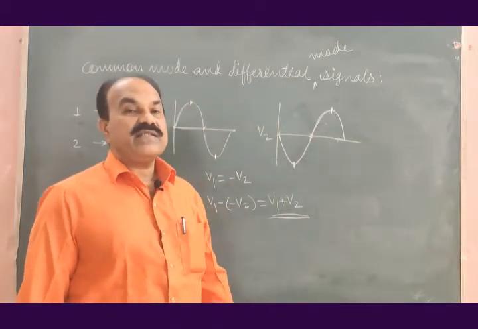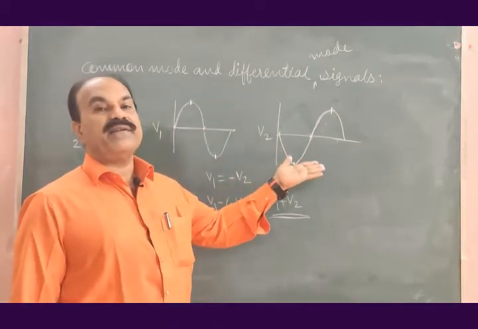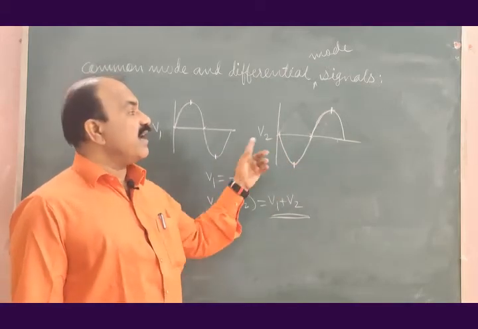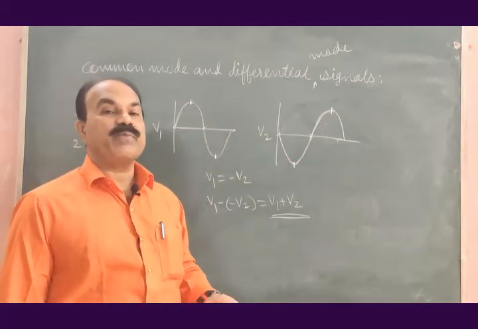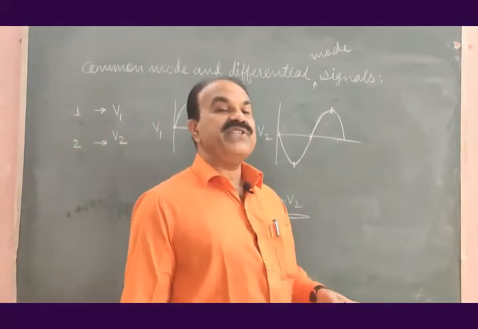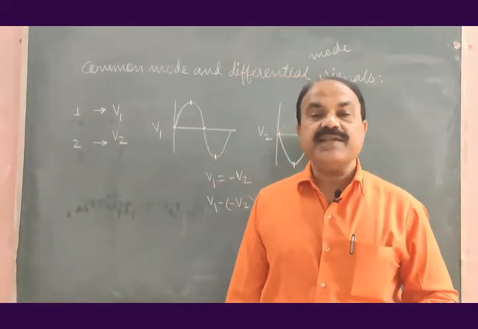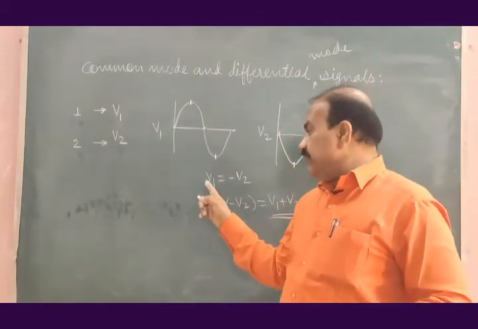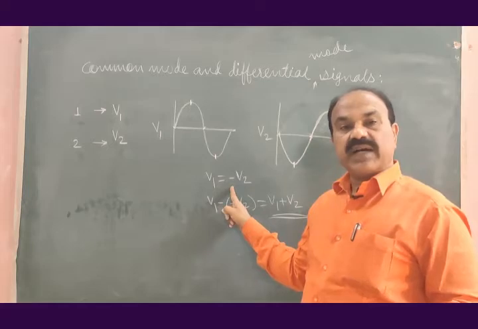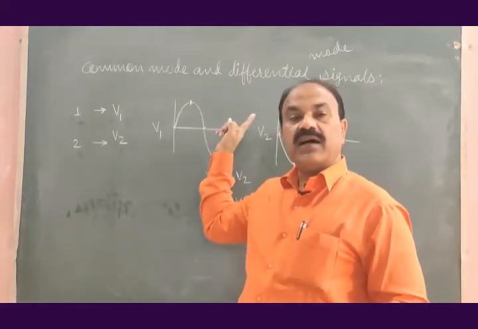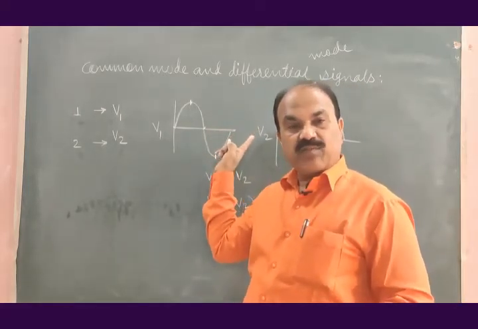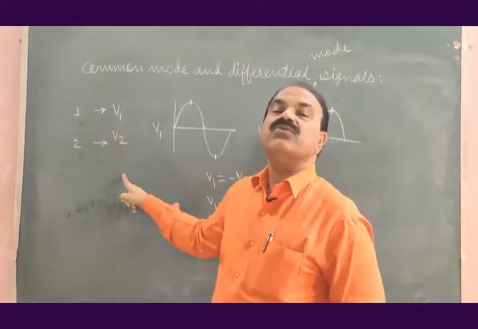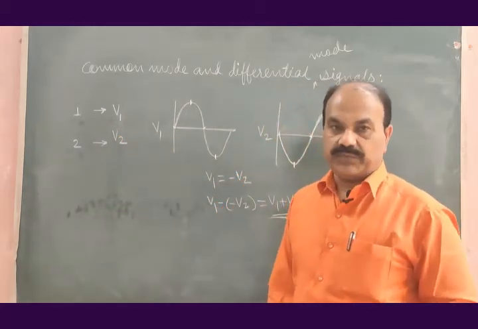In differential mode signals, the inputs applied to the two inputs of the differential amplifier are always out of phase, and therefore the difference is a voltage more than either of the voltages. If V1 is taken equal to minus V2, then the differential mode voltage will be either 2 times V1 or 2 times V2.